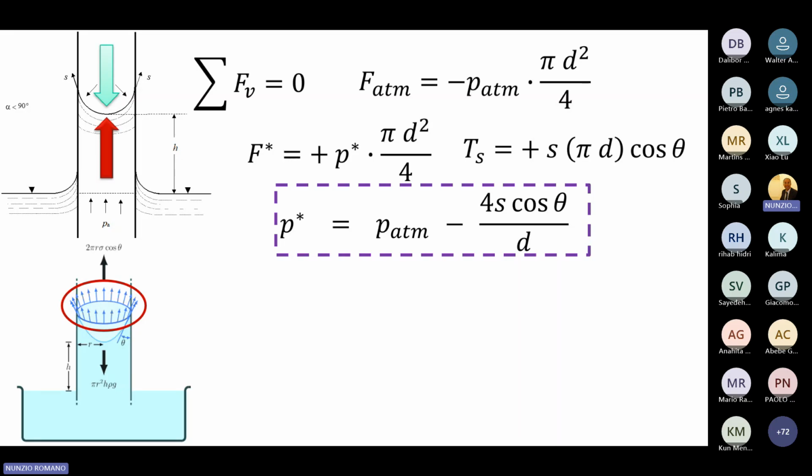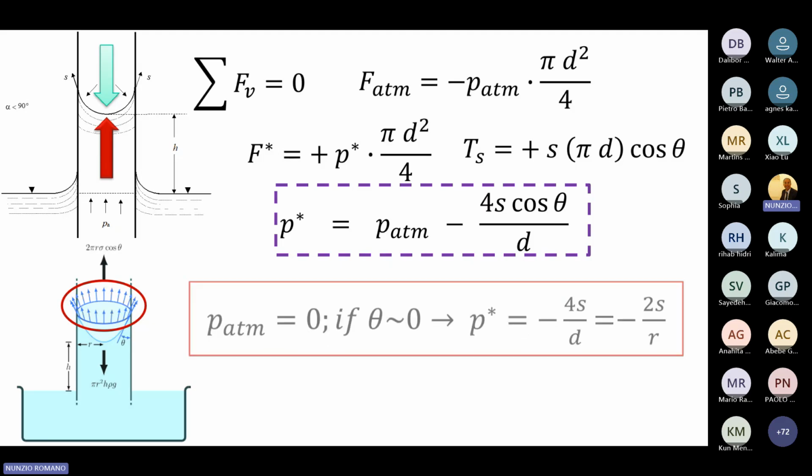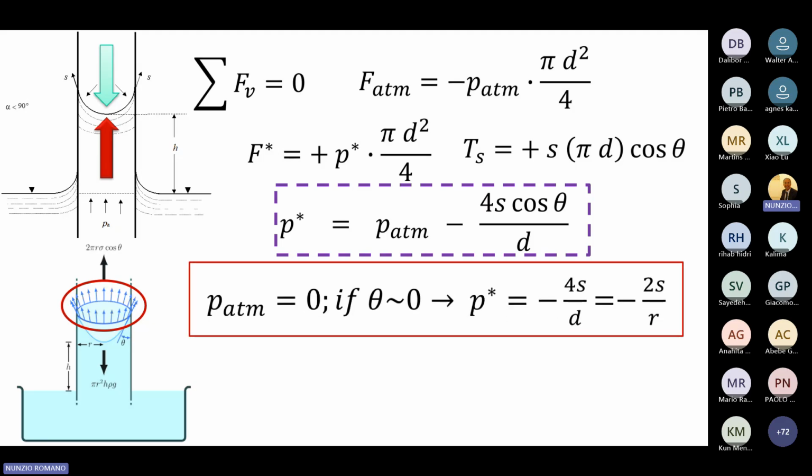So just to recap, we have P star, the pressure, the red arrow, generating a pressure just below the meniscus, and we can also simplify this equation even more because, in terms of relative pressure, as I mentioned before, the atmospheric pressure is set at 0.